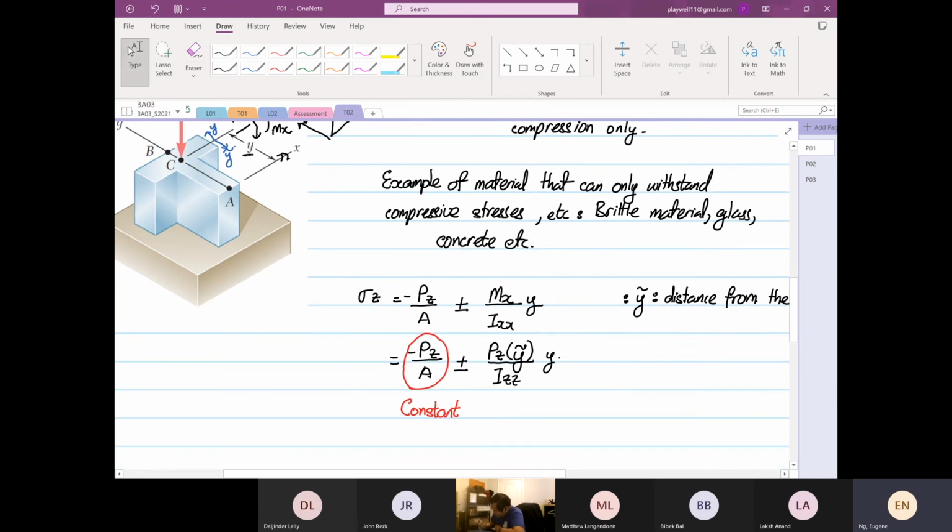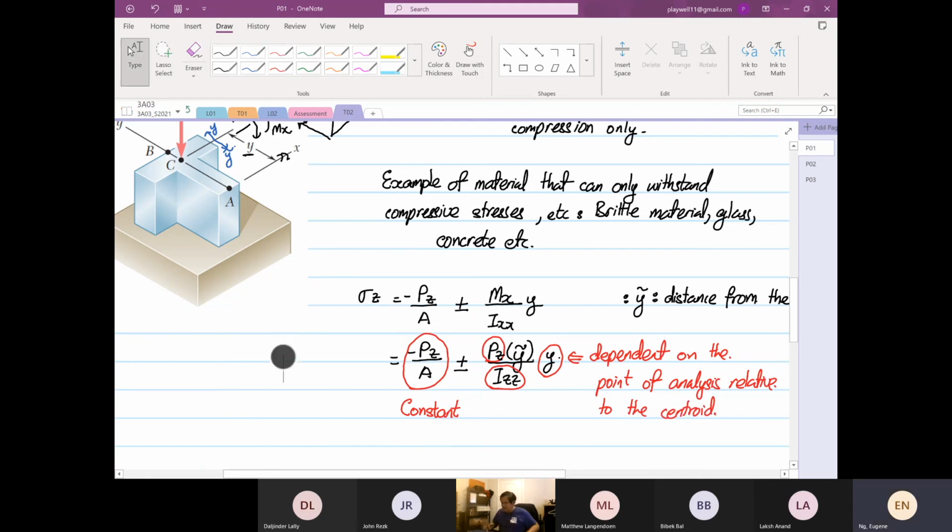Likewise, Pz will not change, it is constant. Izz will not change. Y over here is dependent on the point of analysis relative to the centroid.